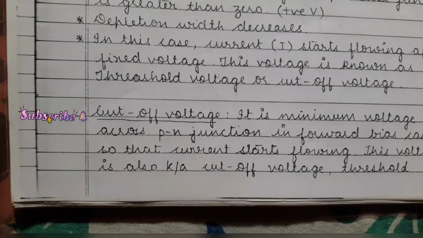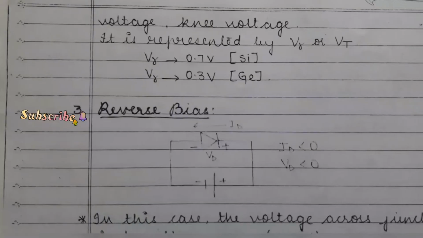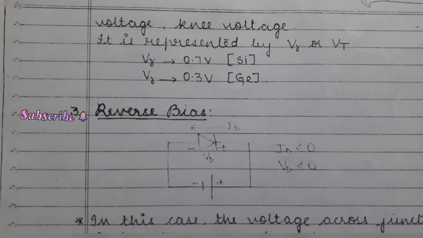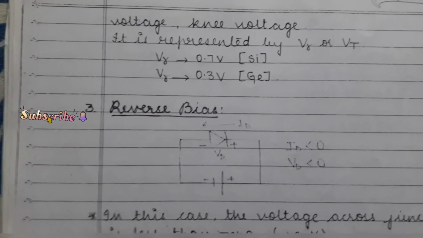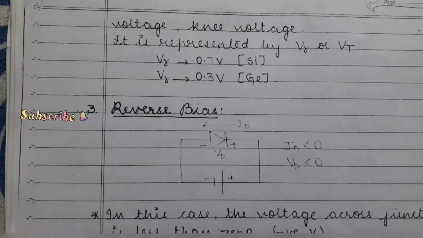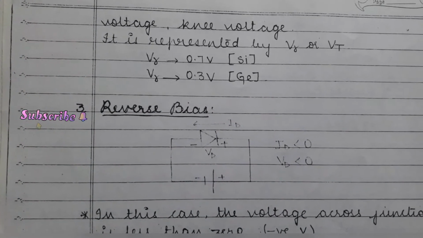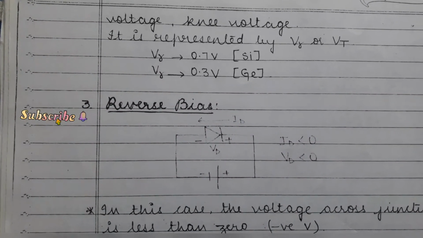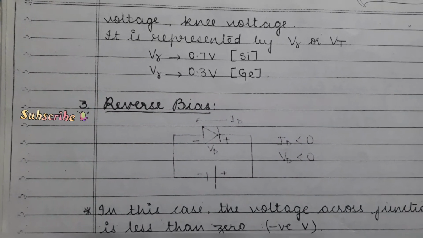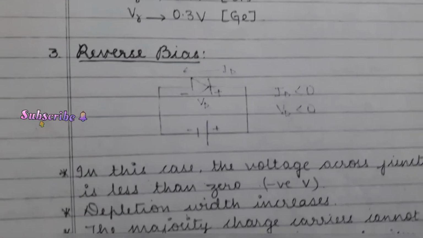It is known as the cutoff voltage or threshold voltage, and also as the knee voltage. It is represented by VR or VT. VR is 0.7 volt for silicon crystal and 0.3 volt for germanium crystal.